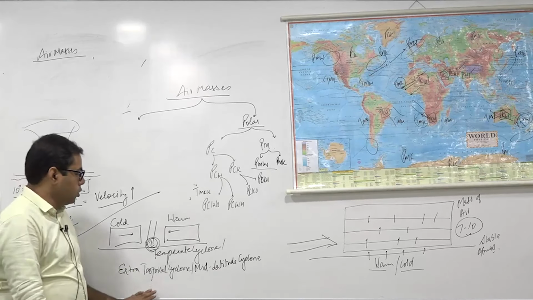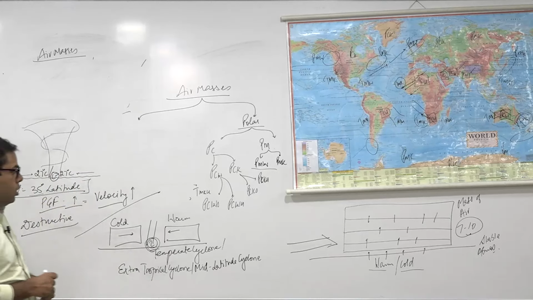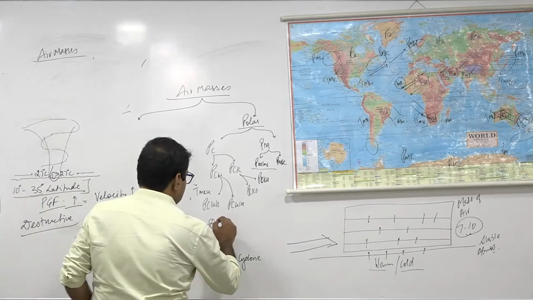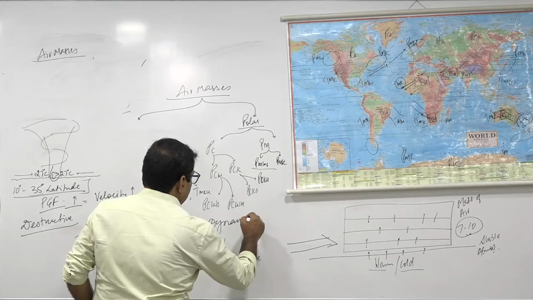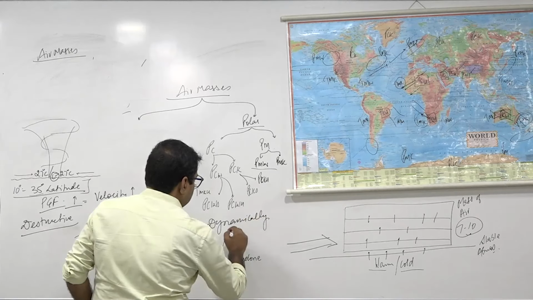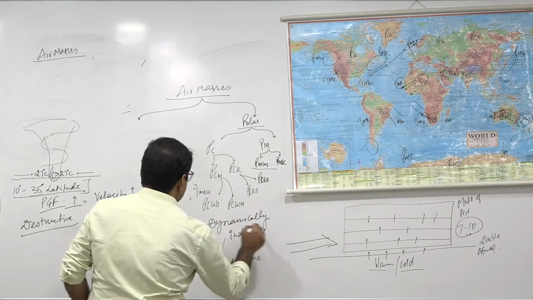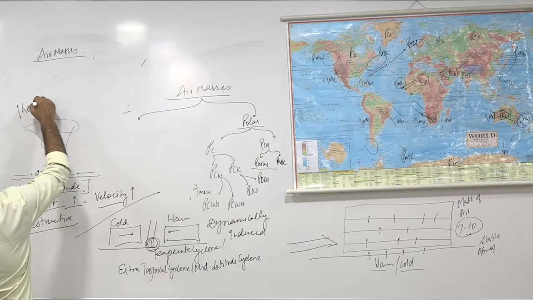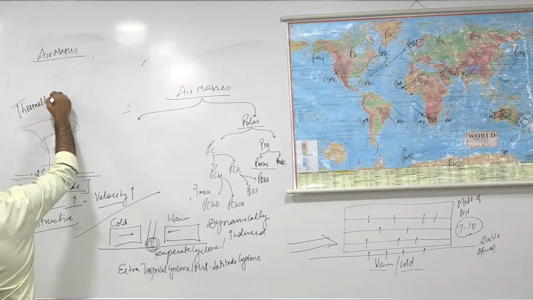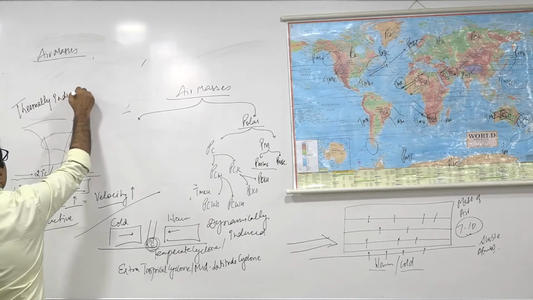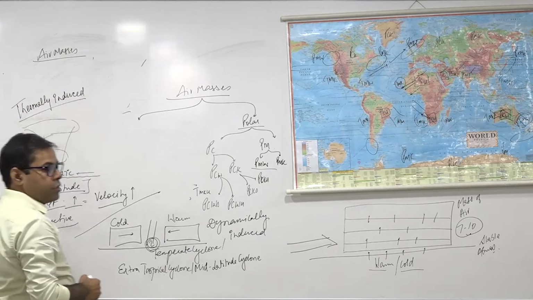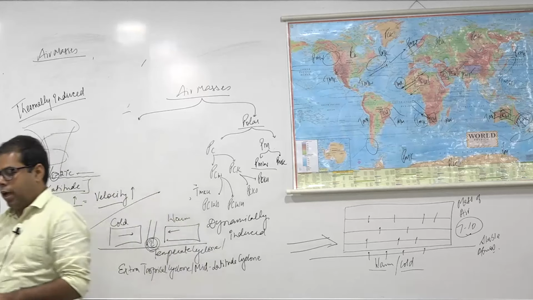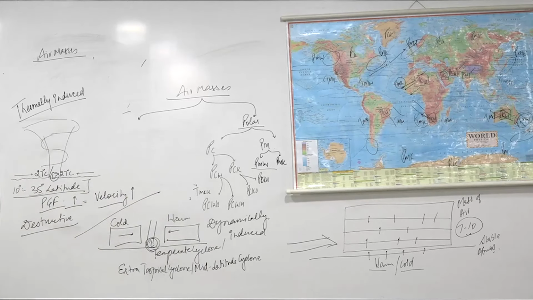So this temperate cyclone is dynamically induced, and tropical cyclone is, because of surface temperature, thermally induced. So when thermally induced, sea surface temperature will be more and the wind velocity will be very, very high. Okay.